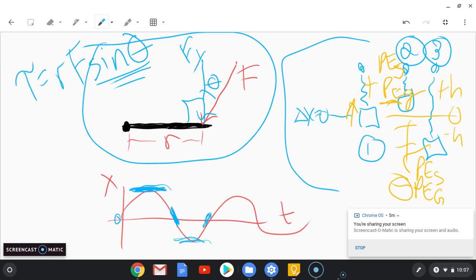Similar to work, where you wanted to find the effective force in line with the displacement, when I'm working with torque, I want to find the effective force that's causing rotation. If I have a parallel force, it's going through the axis of rotation, which is not causing rotation. My perpendicular force is the one causing rotation. So it's this force at this radius. Those have to be perpendicular to one another to get the effective force.